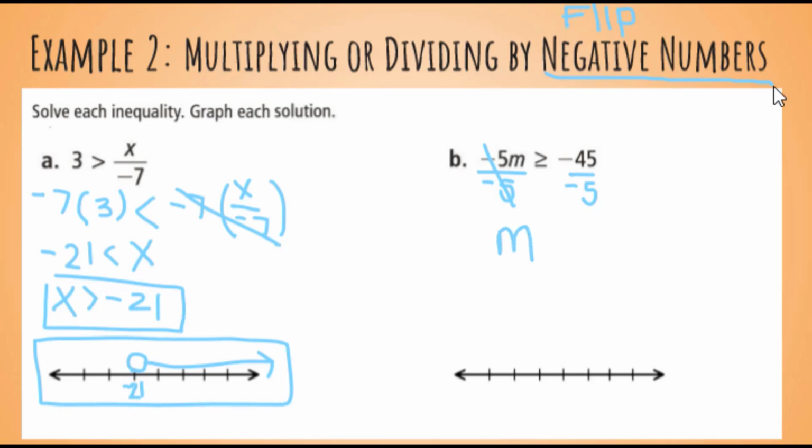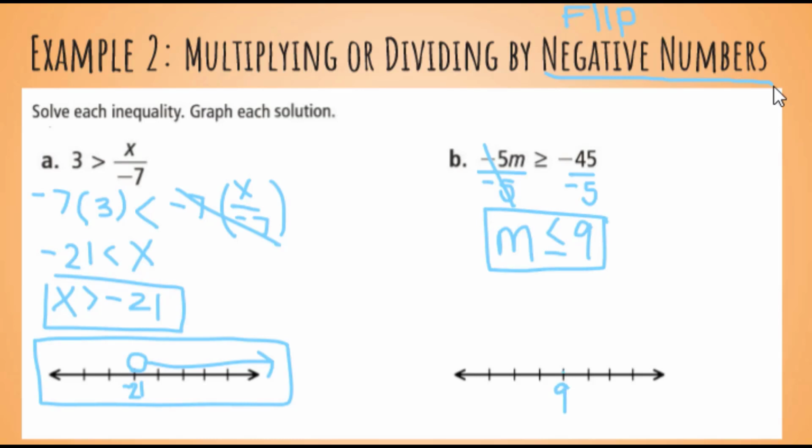I divided by negative 5, so I need to flip my inequality symbol. Negative 45 divided by negative 5. So negative divided by negative gives us a positive, and 45 divided by 5 is 9. So we have m is less than or equal to 9.